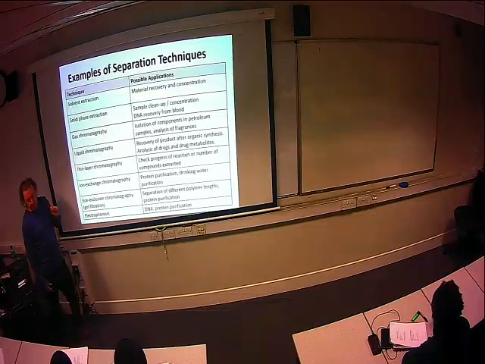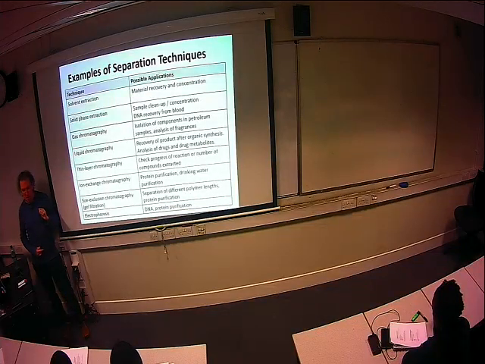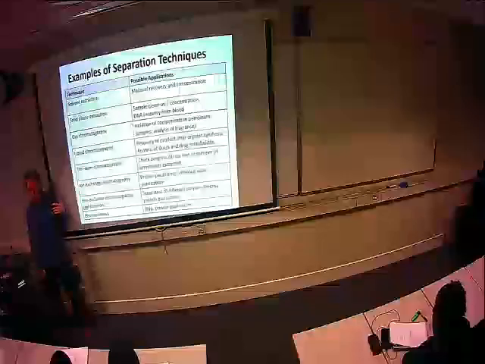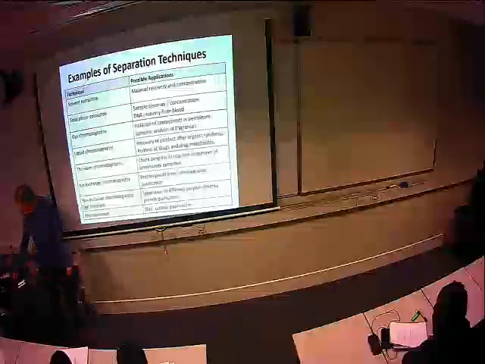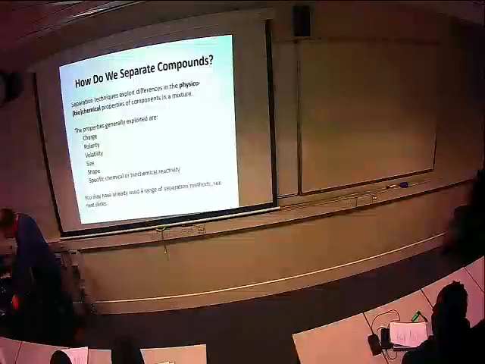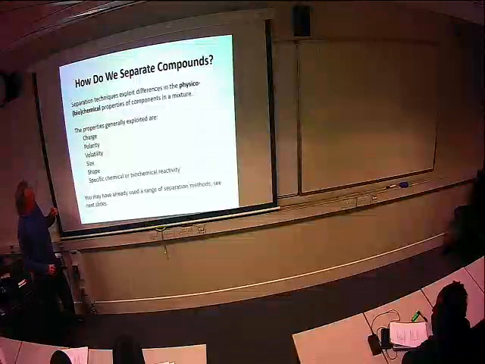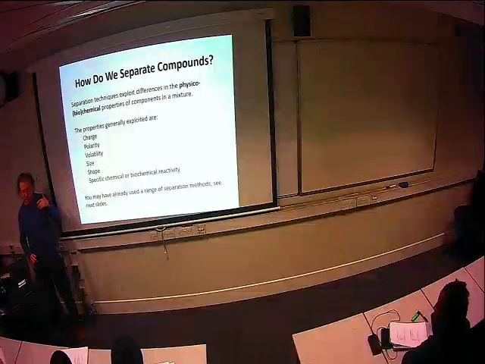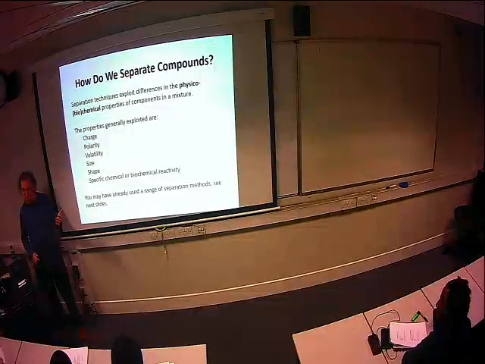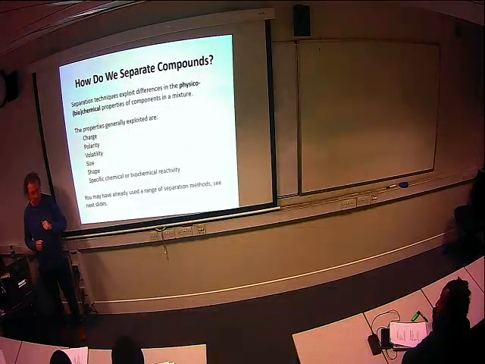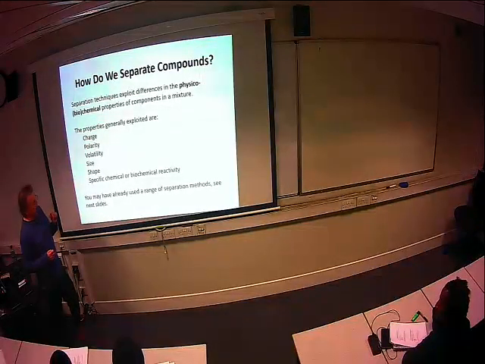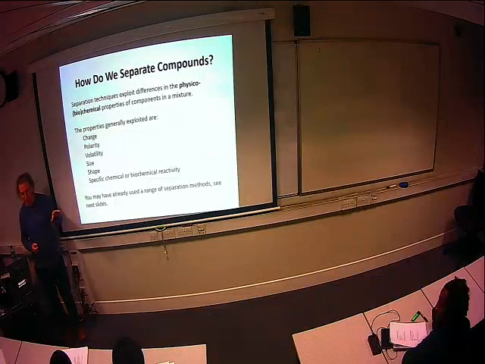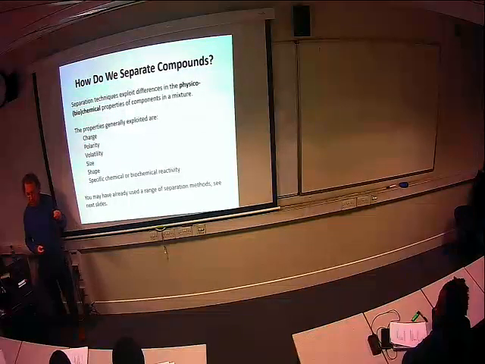For some techniques, the volatility matters, and that is linked to the boiling points of the molecules. Then there's the size of the molecule, which can be the molecular weight, but also the physical size of the molecule. That's usually correlated with the molecular weight, but not an entirely linear relationship.